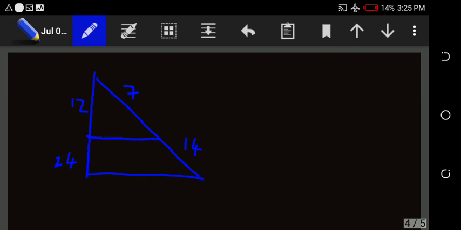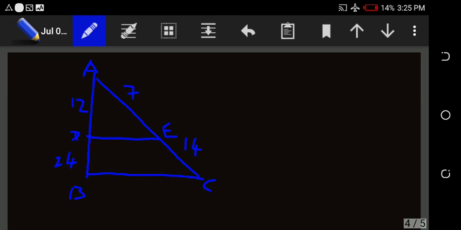Then we have a triangle labeled A, B, C. Then we also have D, E here.